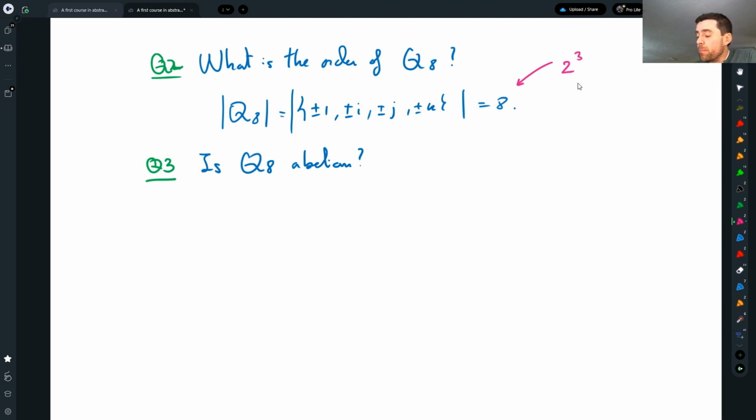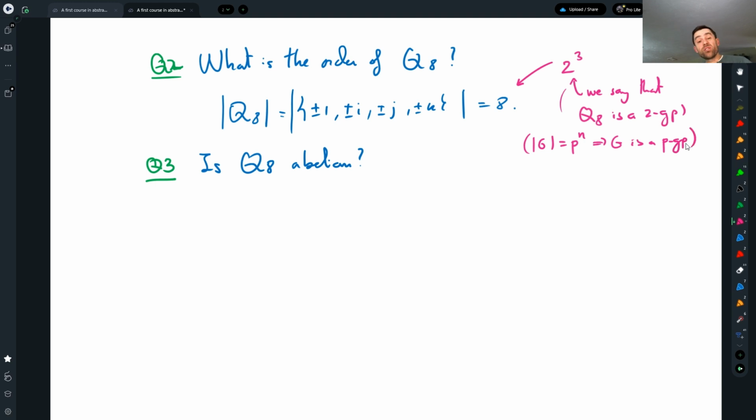Because this is a prime power, we say that Q8 is a 2 group. And more generally, if the size of a group is a power of one prime, we say G is a P group. And those are important groups in group theory. So this is an example of what we call a 2 group, and it's a non-abelian 2 group. Q8 is non-abelian.